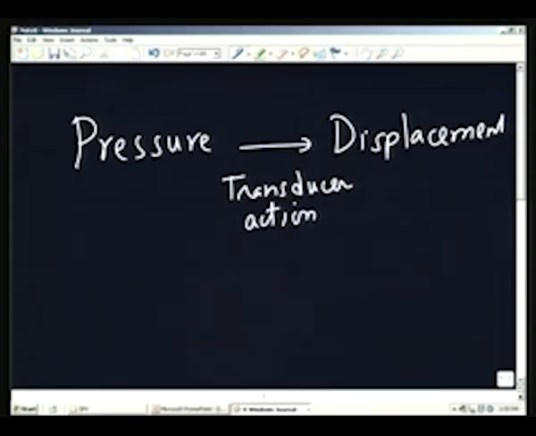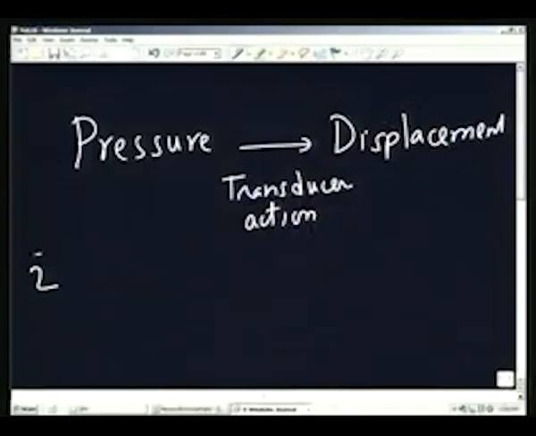We have of course come across similar things earlier. We talked about thermometers, where the change in resistance is related to temperature. So, we measure the resistance change and then we infer the temperature change. Here we are finding out what the pressure is by measuring a displacement of a diaphragm element.